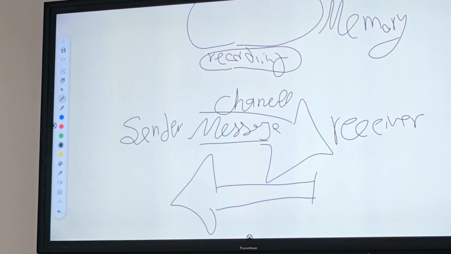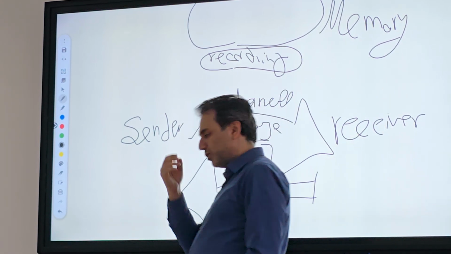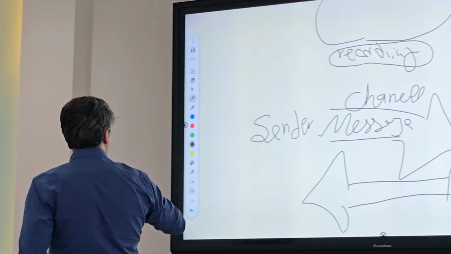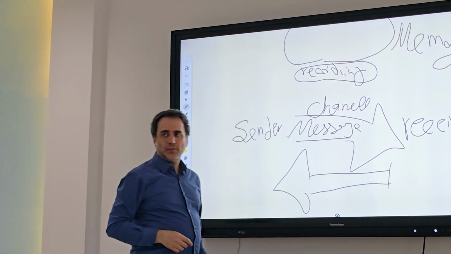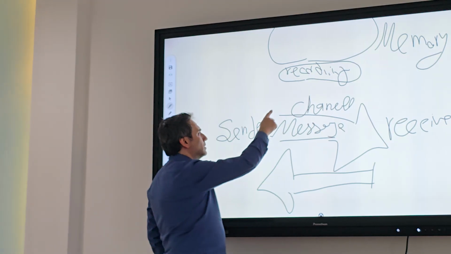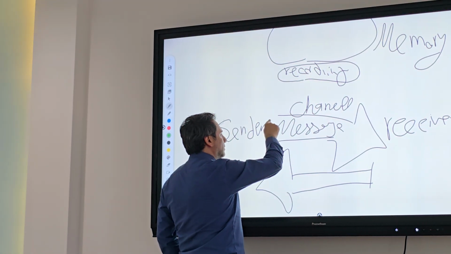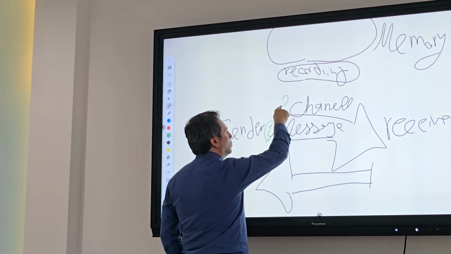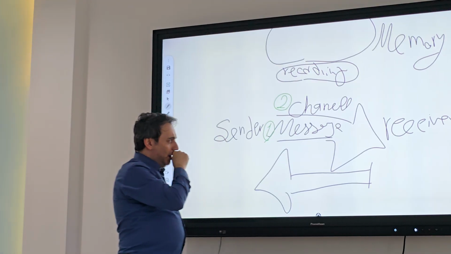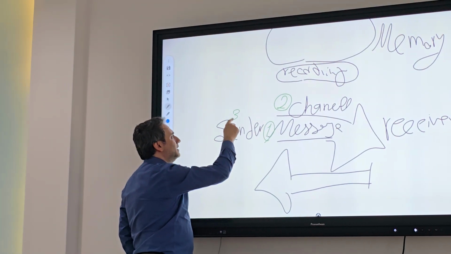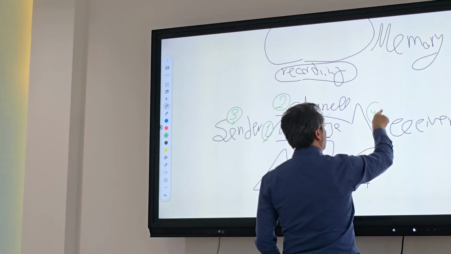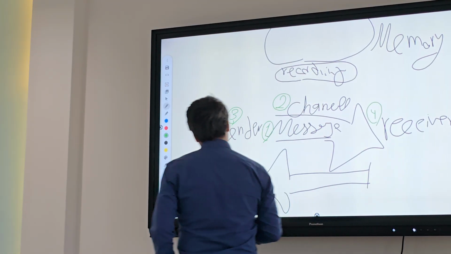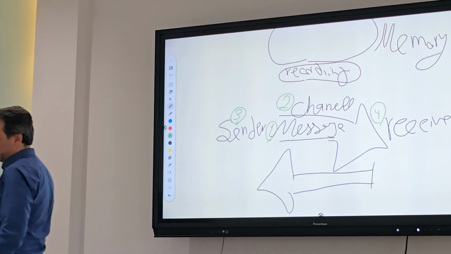So this is communication. Communication has four parts: a message sent through a channel by a sender and received by a receiver. Any communication has four components.